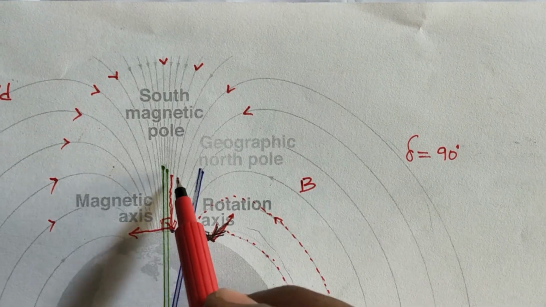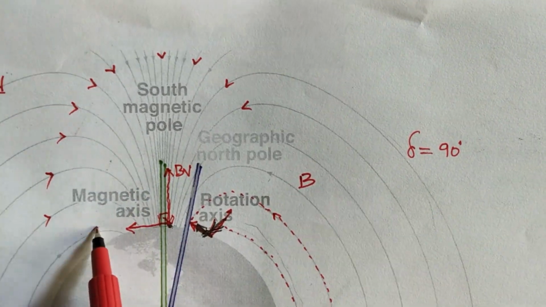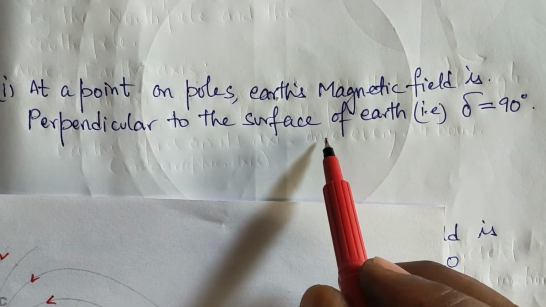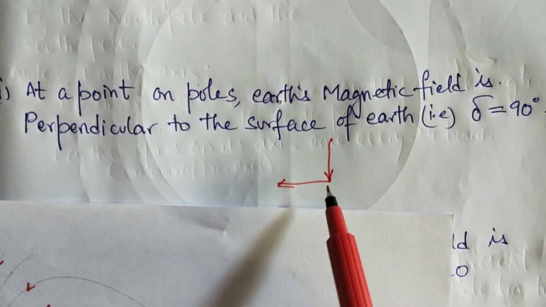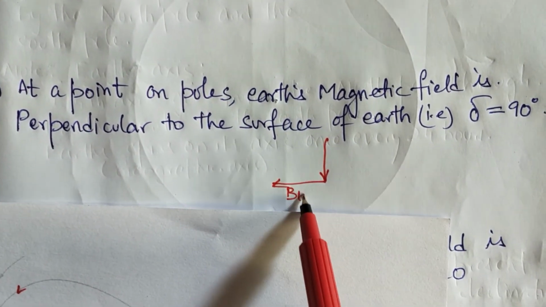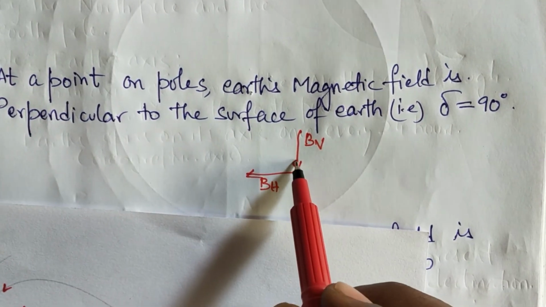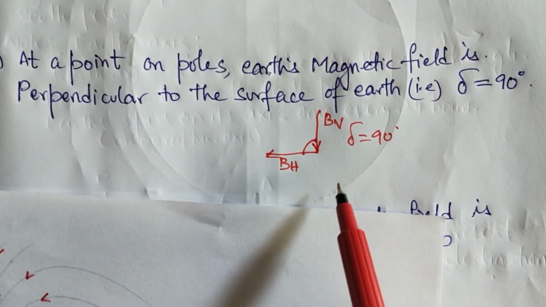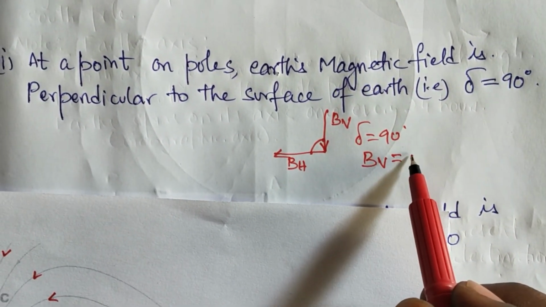Vertical component we represent as BV, horizontal component as BH. We noticed that the magnetic field line is perpendicular to the horizontal line. This was the horizontal component, this was the vertical component, and the angle of dip is 90 degrees.